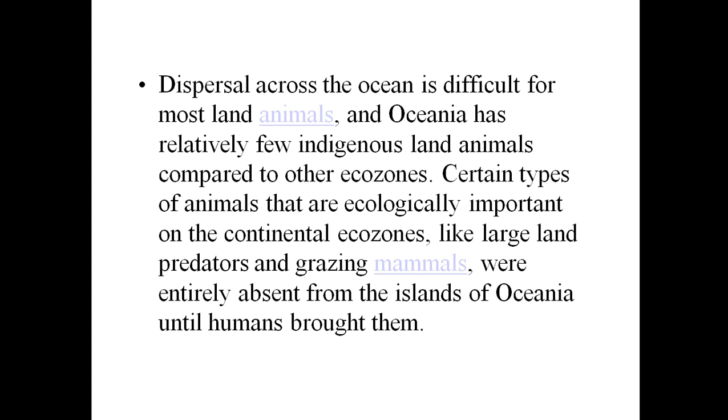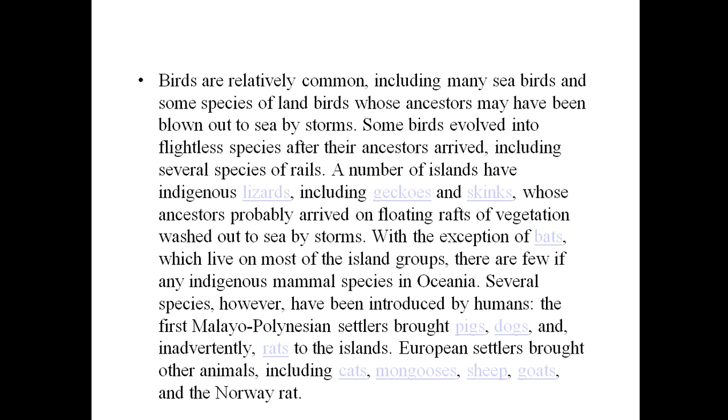Otherwise, they were not having any grazing mammals or large predators. Birds were relatively common, including many seabirds and some species of land birds. As I have told you, some of them developed into flightless species. Even geckos and skinks, whose ancestor probably arrived on floating rafts, vegetation, which might have been washed by the storms.